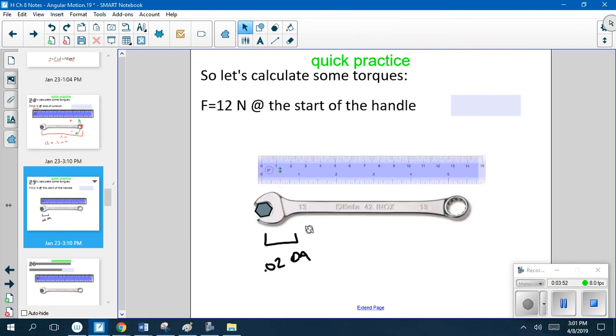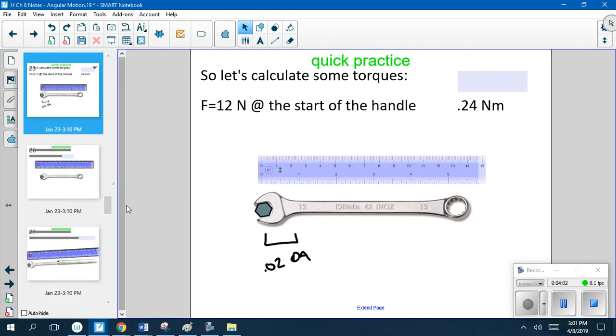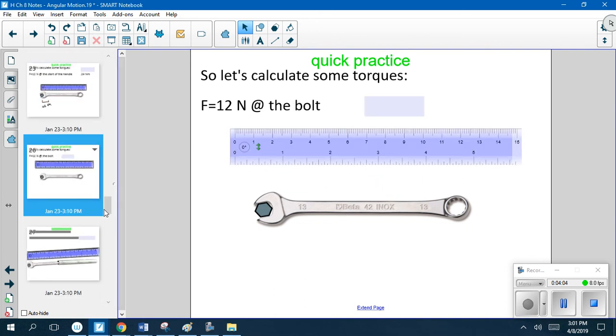Still applying it directly, so we have 12 times 0.02, and we should end up with 0.24 newton meters. Now let's see what happens if we apply that force directly in the center, right at the pivot point. Well, now our distance is 0, so our torque is 0, and it's not going to be able to rotate.